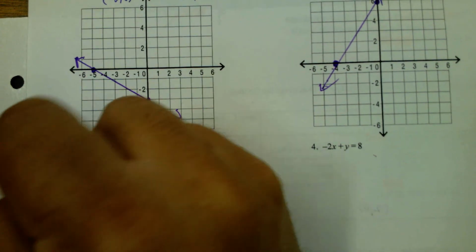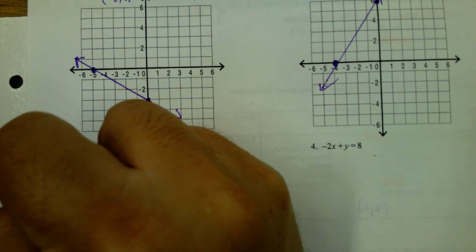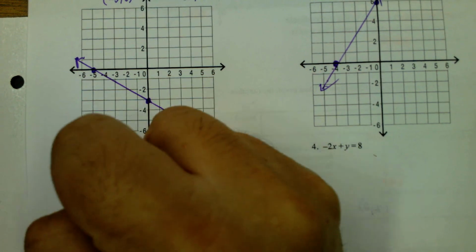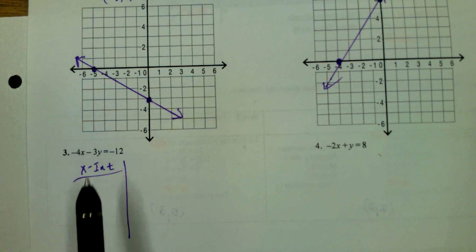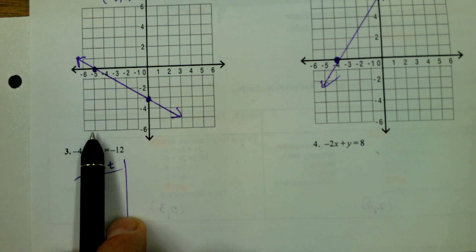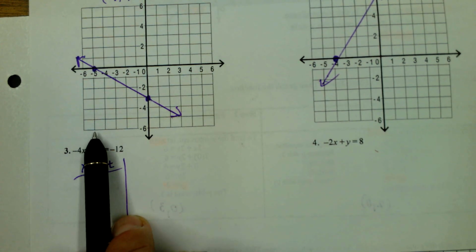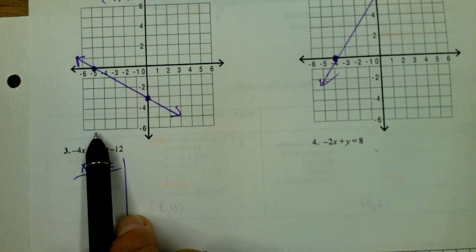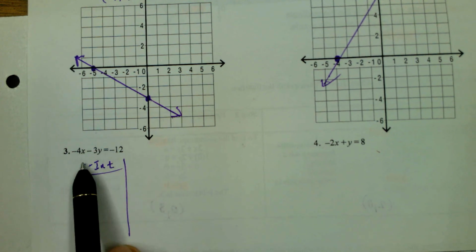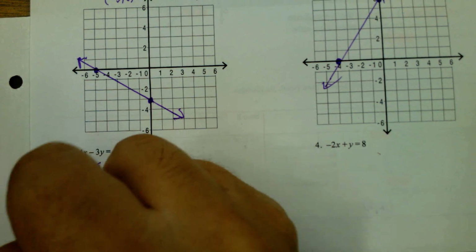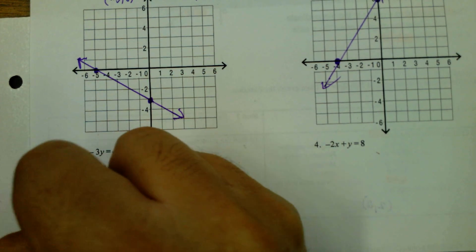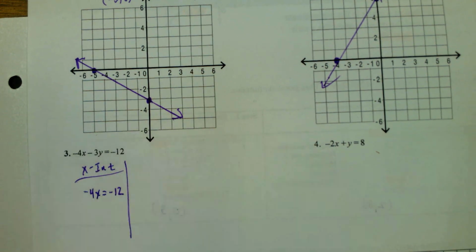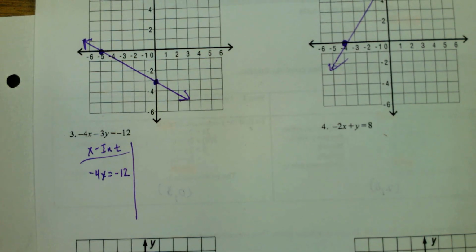Okay, let's start with the x-intercept. We'll cover up negative 3y. If I cover up negative 3y, my new equation is going to be negative 4x equals negative 12. So go ahead and solve that.